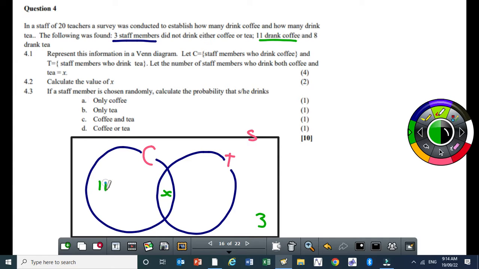So, this is 11 minus X, because this X here, some of them drink coffee.